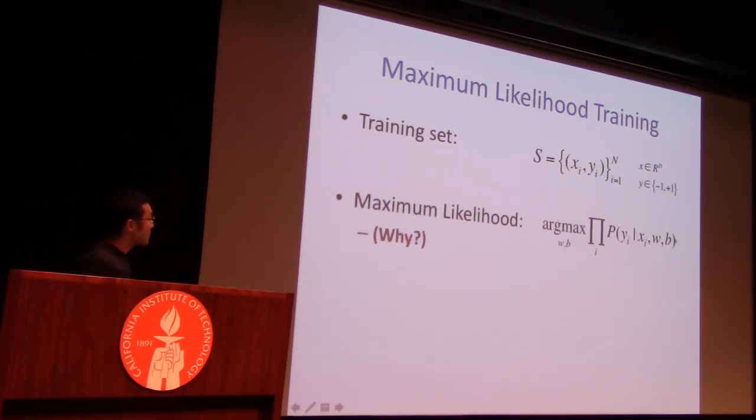So one question is, why does this decompose into a product of each individual x, y pair? Does anyone have any guesses? Because the sum of the exponential.